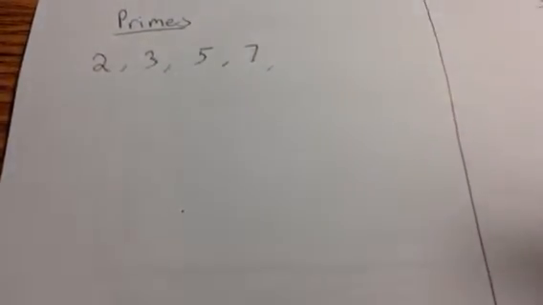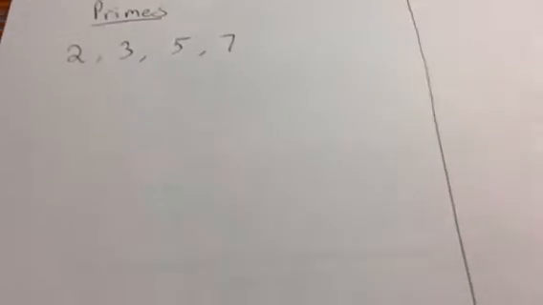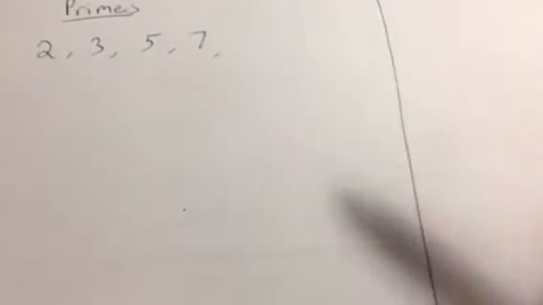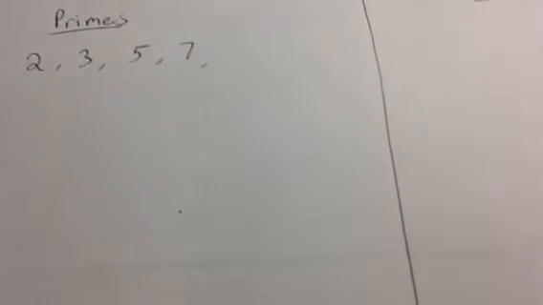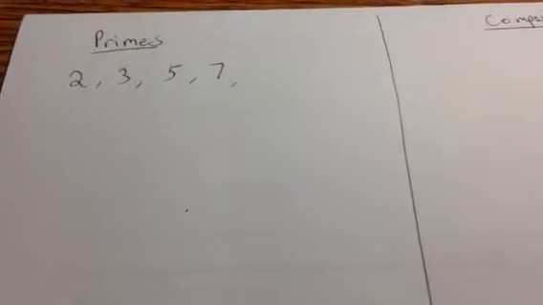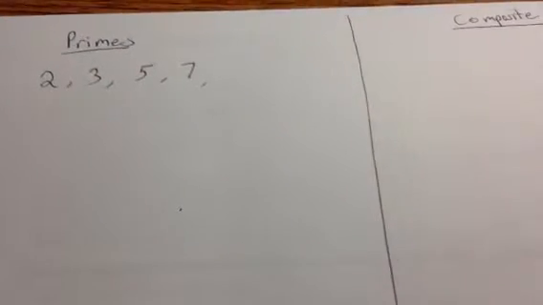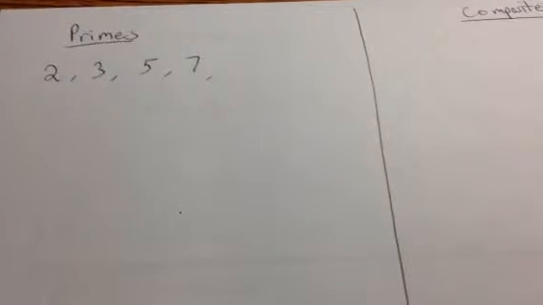All these break down to itself and 1. You can't divide 2 by anything else. And you have 3 and 1, 5 and 1, 7 and 1, and you can keep going, and it is theorized that this goes on to infinity. So there are an infinite amount of primes.